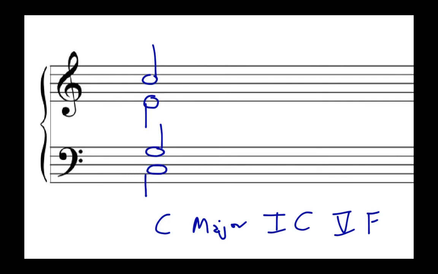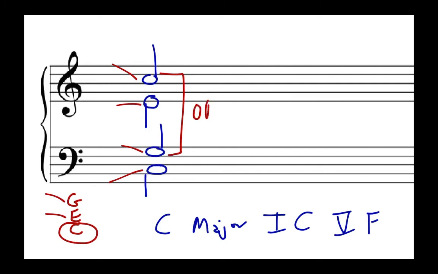You've got two of the roots, and this chord is spelled C, E, G. So there's my one C, and there's my other C. Then I've got a third, there's my E, and a fifth, there's my G. And I do have more than an octave between the soprano and the tenor.